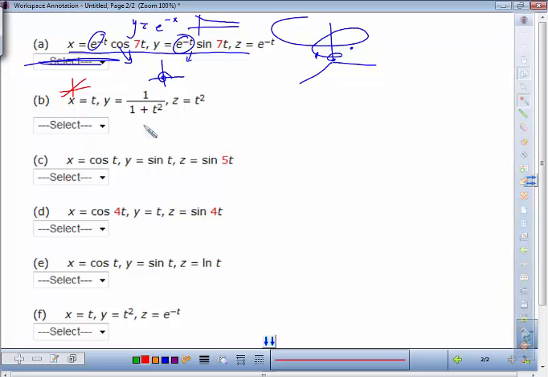When you say asymptote, do you mean horizontal or vertical? Horizontal asymptote? So that means as t goes off to infinity, where is this going to go to? 0. It's going to go to 0. And when t is equal to 0, what's the value? 1.